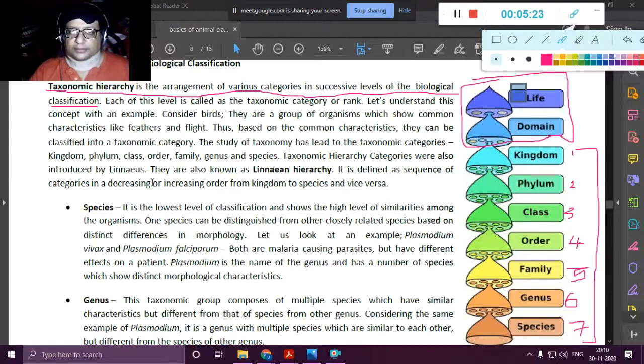Now, this type of a hierarchy was introduced by Carolus Linnaeus. So these are the taxonomic categories. Kingdom is a category, phylum is a category, class is a category, order is a category, family is a category, genus is a category, species is a category. So these are all categories.